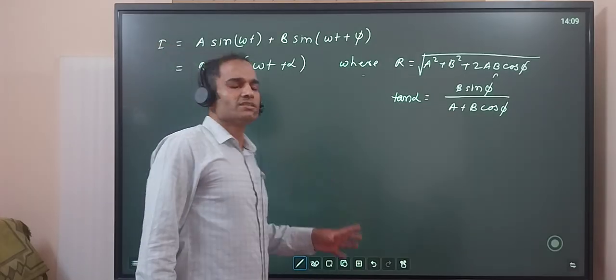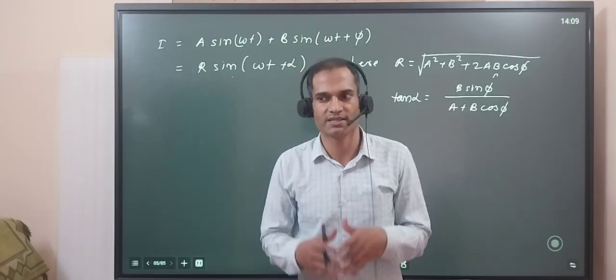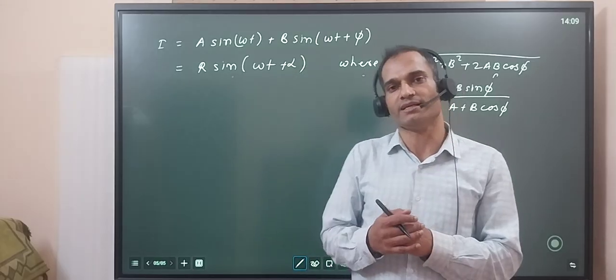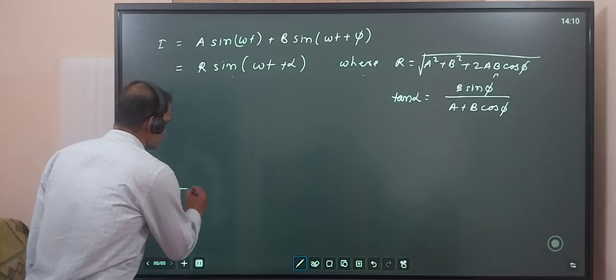Okay, this result looks like we are adding two vectors at an angle phi, right? So remember addition of two vectors.